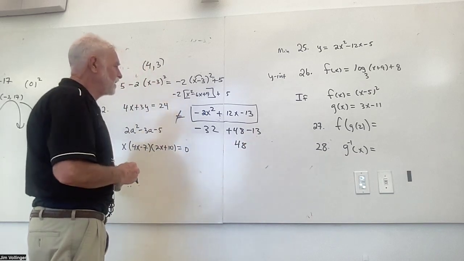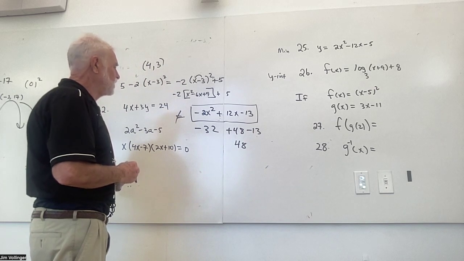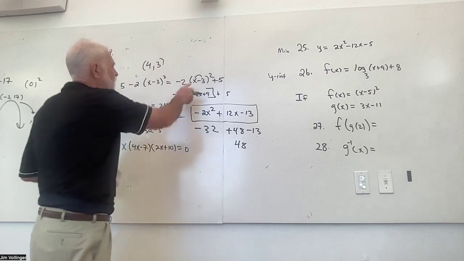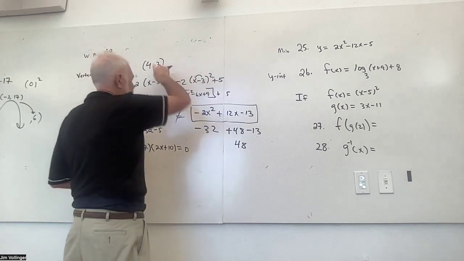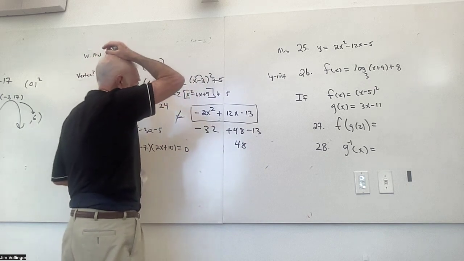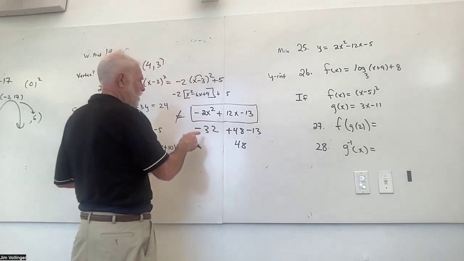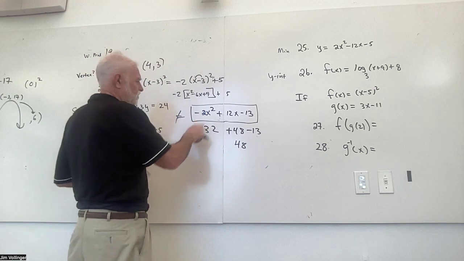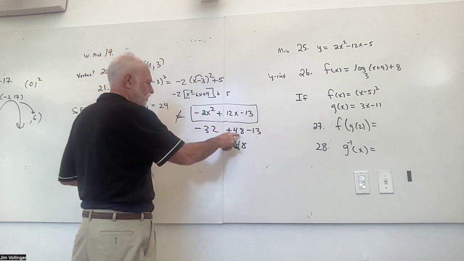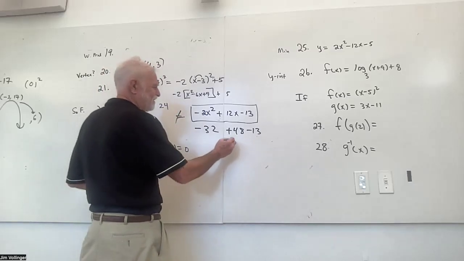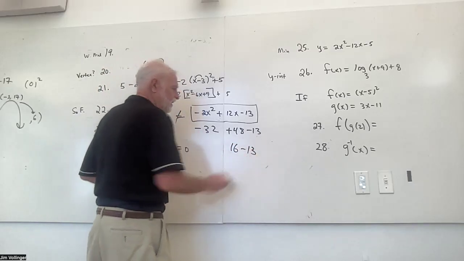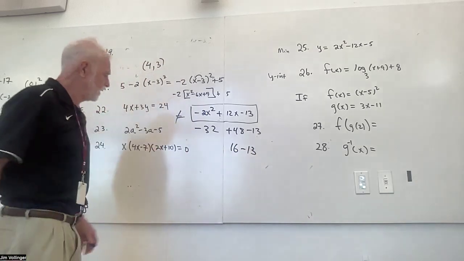Where did I make my mistake? 4 squared, 16, minus 32. 4 minus 3, 1 squared, minus 2 plus 5, 3. Okay, I threw a 4 in there. So 4 squared 16 minus 32 plus 48 is, oh, I didn't make a mistake. 16 minus 13, 3. Okay.